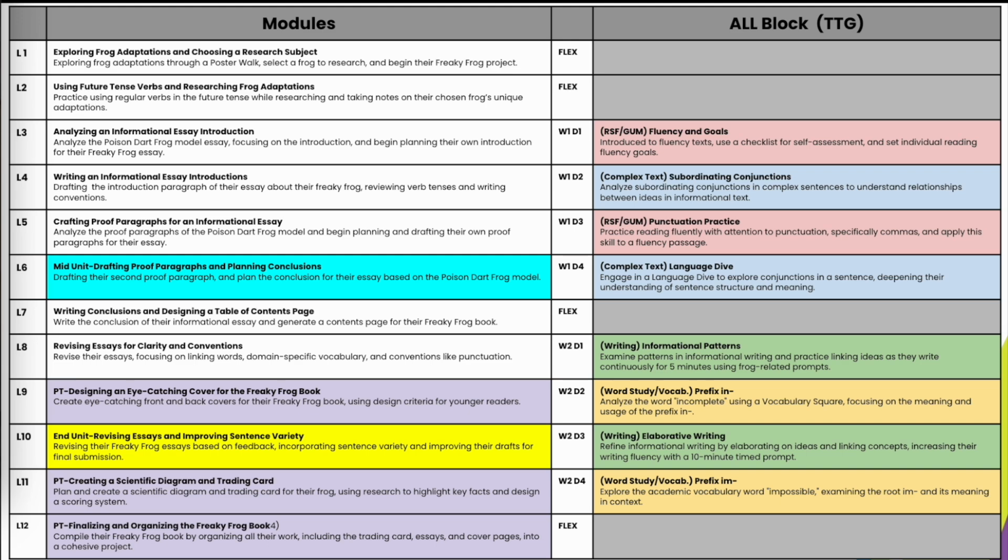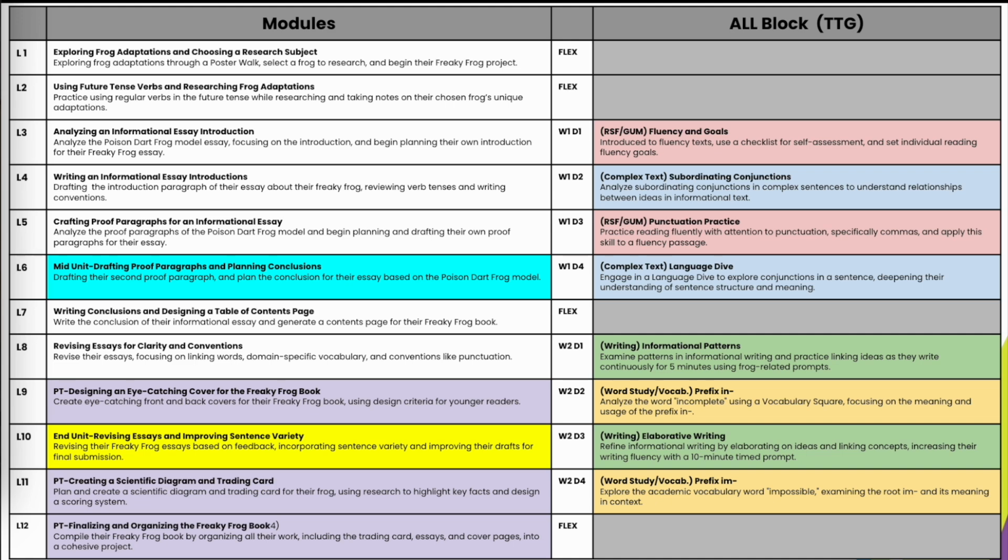Module lessons 8 through 11 directly align with All Block lessons in week 2. In these components, students get additional practice with writing with informational patterns and working on words that begin with the in- prefix to practice vocabulary.